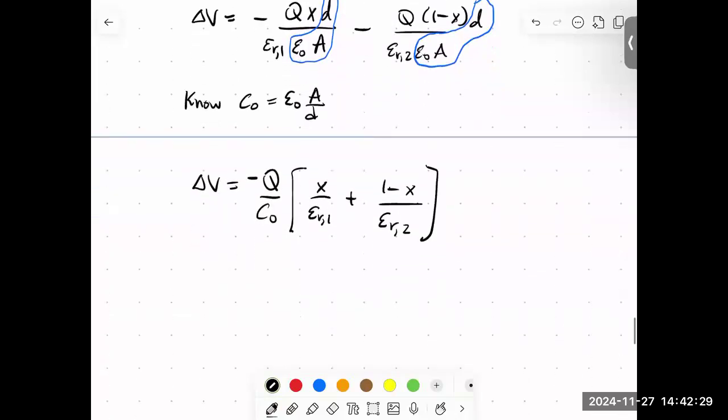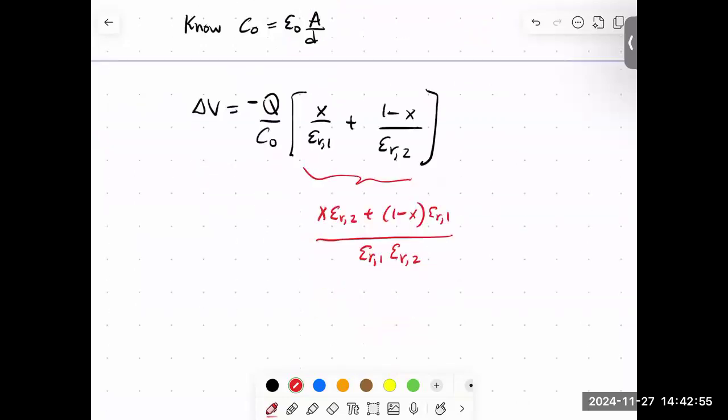That looks right. We could rewrite this in a more convenient form: it's the same thing as x epsilon r2 plus 1 minus x epsilon r1, divided by epsilon r1 epsilon r2.